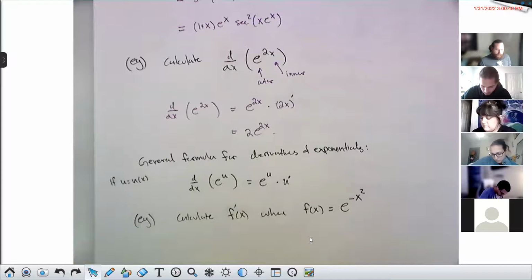Again, the outer function is the exponential. That is the outermost thing going on. If you had to plug a number into this, the last thing you would do is raise e to some number, right? You would take that number, you would square it, then make that negative, then raise e to that power. So the outermost thing going on here is the exponential.